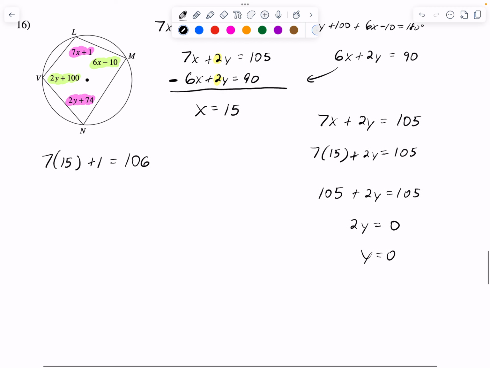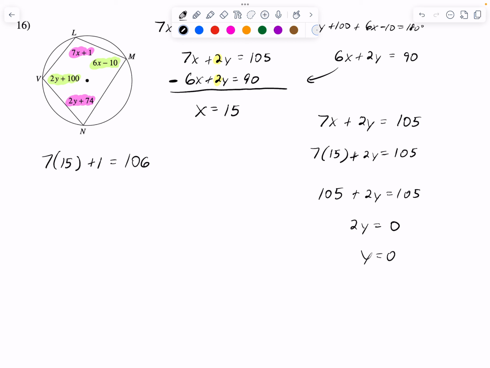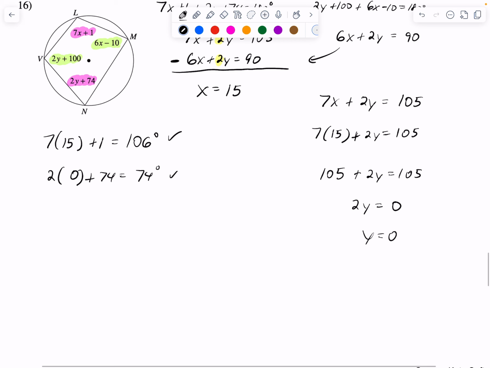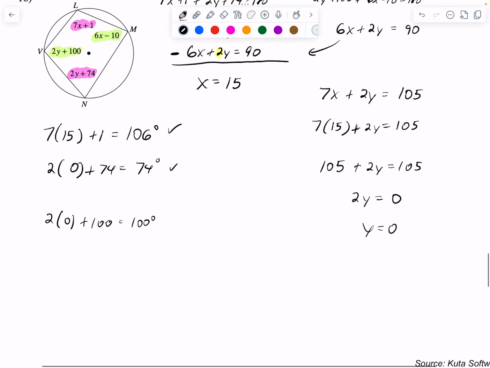And then I'm going to have 2 times 0 plus 74, which is 74. Okay, that checks out. Great. Had me worried with that 0. All right, and I'll do angle V and M as well. 2 times 0 plus 100 is 100 degrees. Let's make sure this is 80. 6 times 15 minus 10. So that's going to be 90 degrees minus 10 is 80 degrees. All right, we're good. Whew, had me worried there.